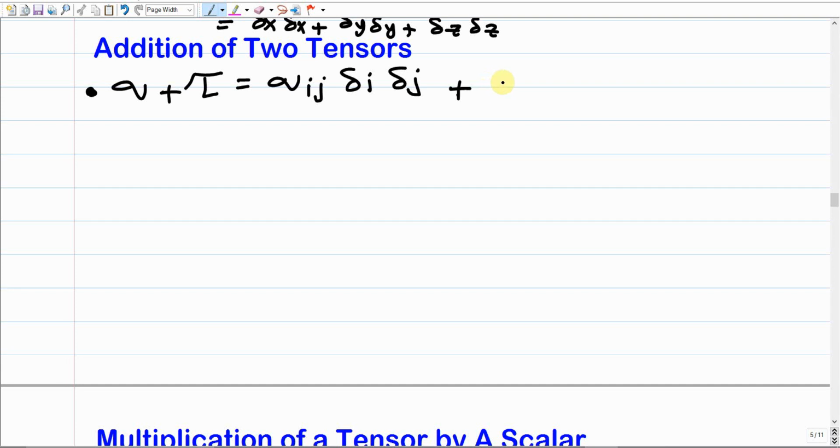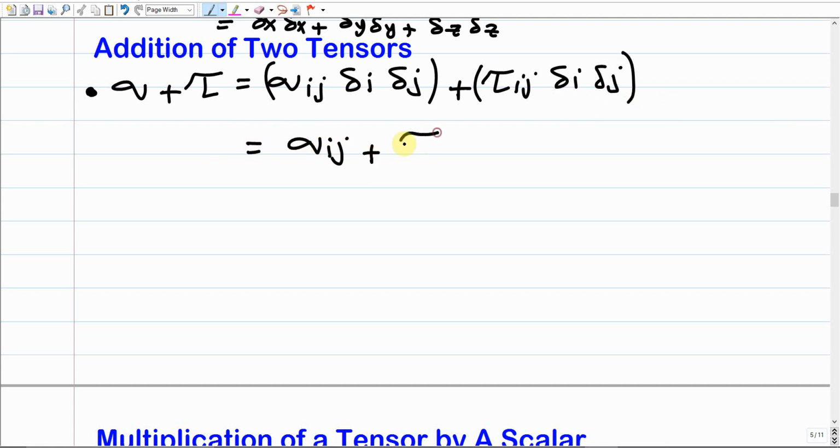So we're going to have tau ij, then delta i delta j. These are the two tensors in terms of their components. As you can see, in these two terms we have delta i delta j, two common unit vectors that we can take as a common factor. So we end up with sigma ij plus tau ij, with delta i delta j as a common factor.